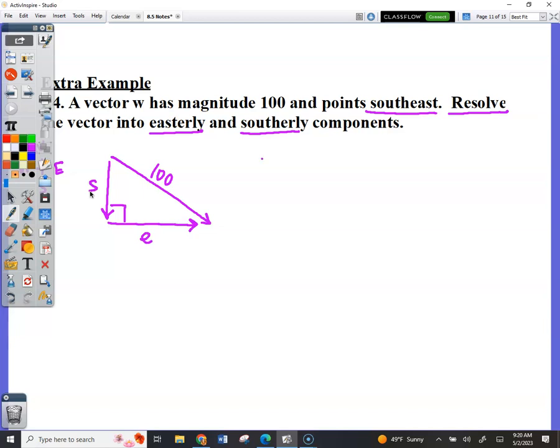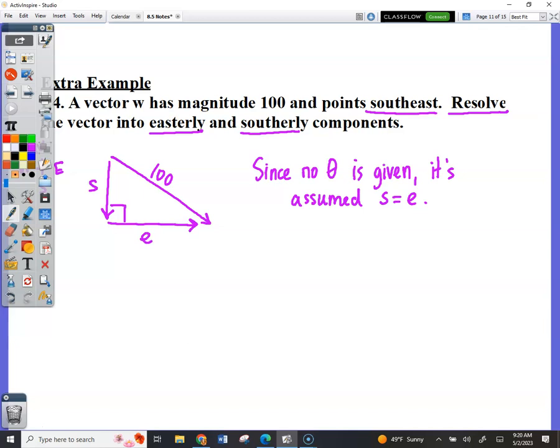Let's make a note. Since no theta is given, it's assumed S equals E. Since they didn't give us a theta, it's assumed that S equals E, which according to my picture is kind of hard to believe because my E looks a little longer.